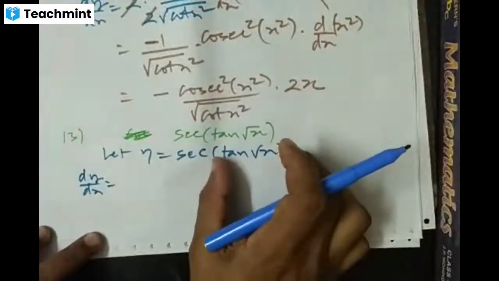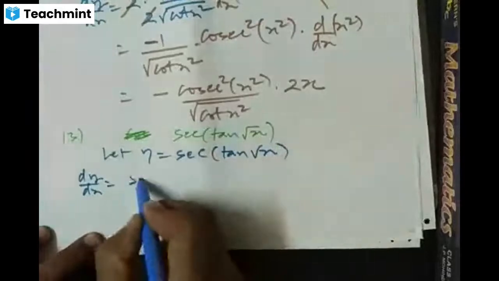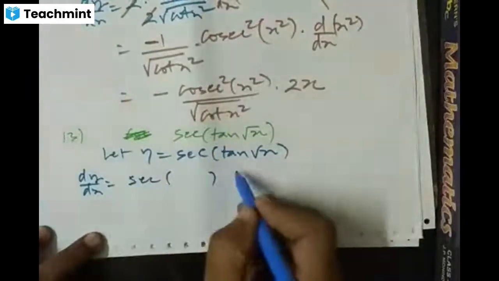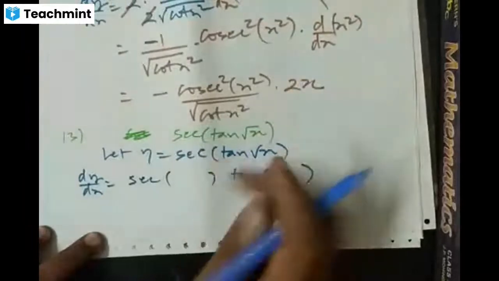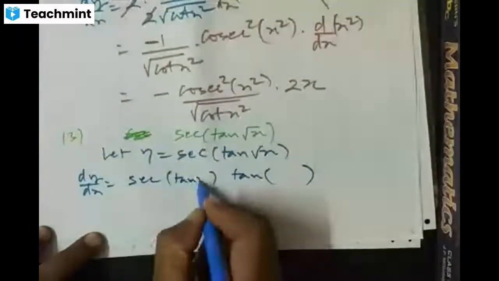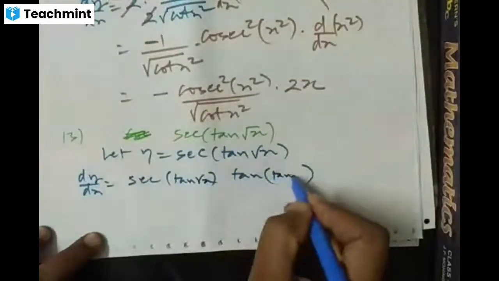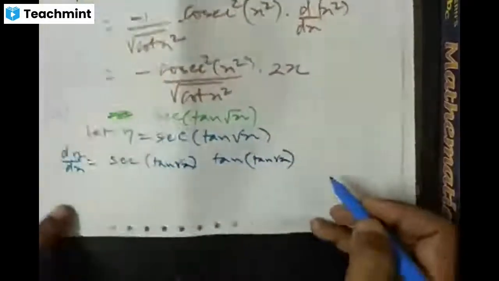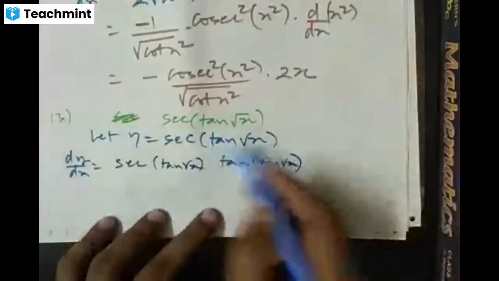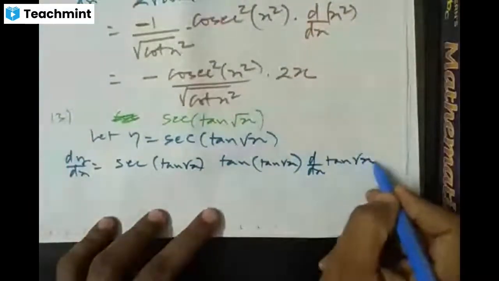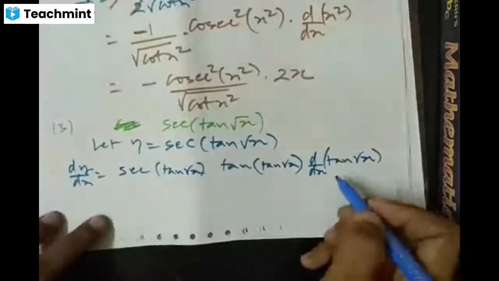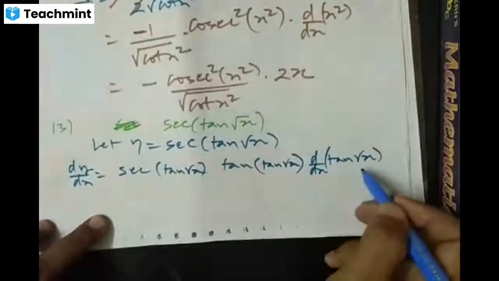The derivative of secant x is secant x into tan x, right? But in place of x we have a function. What is that? Tan root x, correct? Into d by dx of this function, d by dx of tan root x.